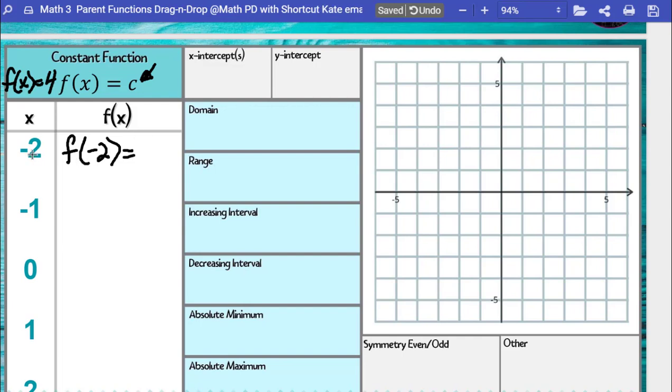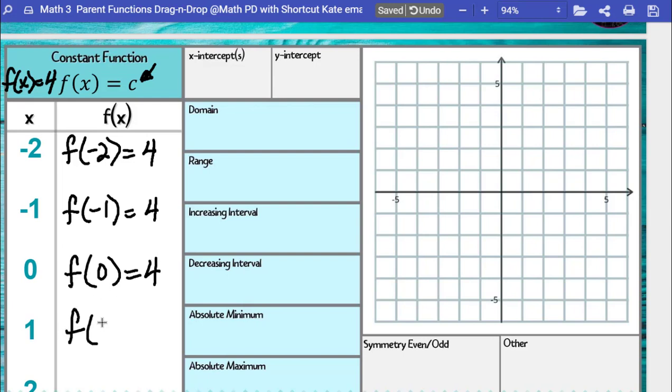That means if I substitute -2 into the function, I'm always going to get 4, and I can do that for all the values. So, constant function. It never changes on the y values.